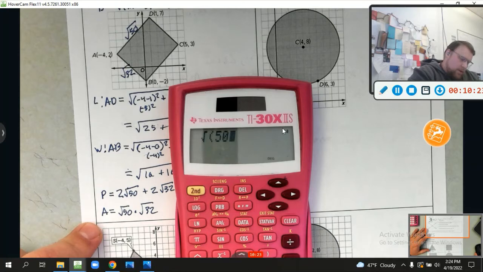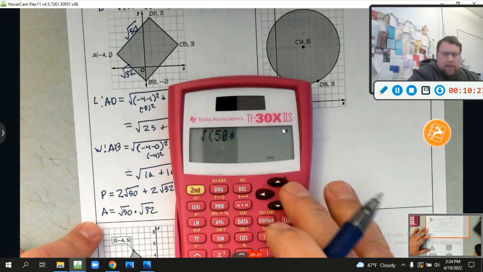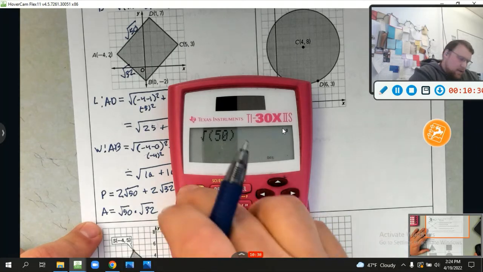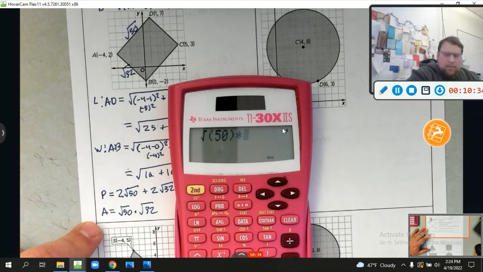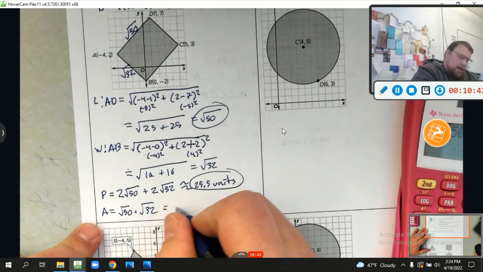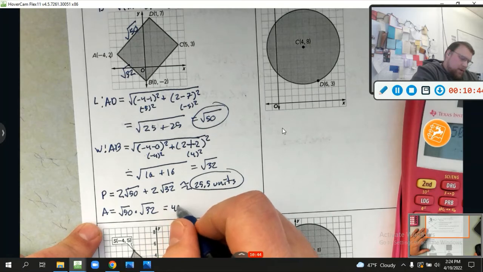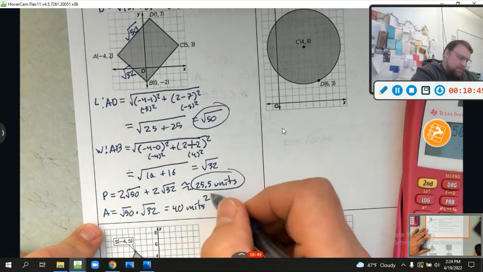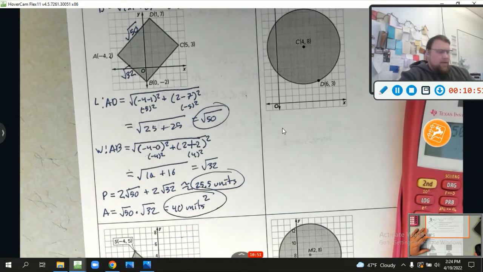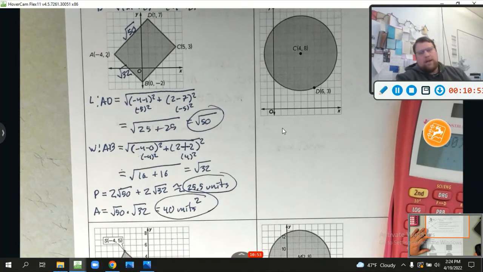Square root of 50 times, oh, I forgot to close off my bracket, so times the square root of 32. What does that equal? Well, that's a nice number, 40. That equals exactly, no rounding, 40 units squared, or square units. And that is how we use the distance formula to find area.